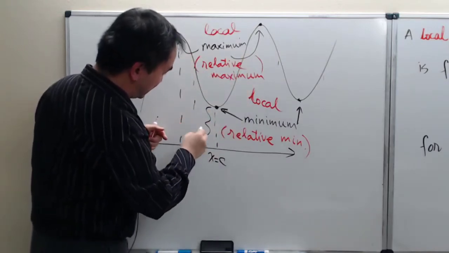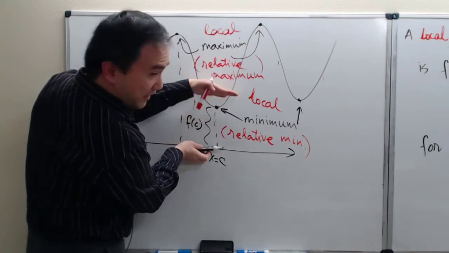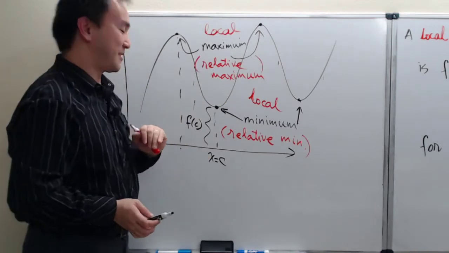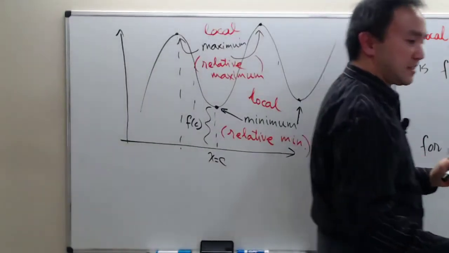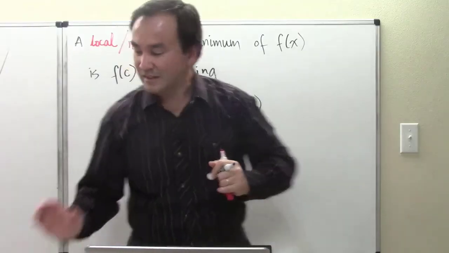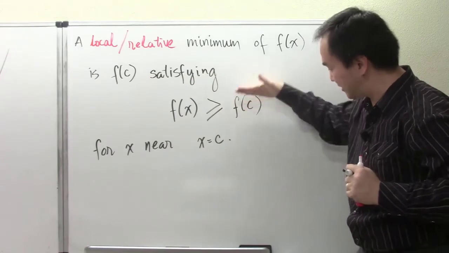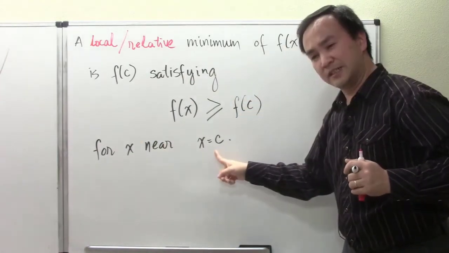So this is f of c. And so the function value is above f of c, higher than or at least, the least is only f of c. Okay, and then anywhere else is above that. And so that's why, back to what I said right there, the function value is greater than or at least, the least is equal to f of c, but valid only for x near x equals c.